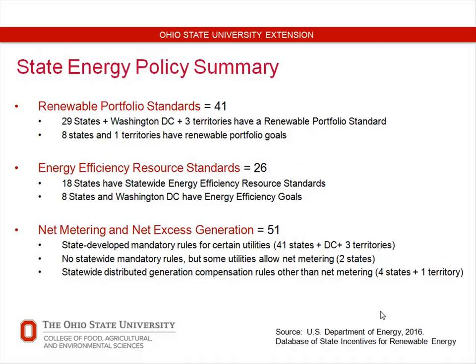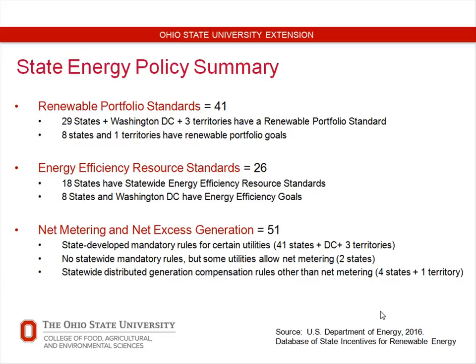So the first slide here is a lot of words, but I do more talking than reading, and we use charts and I wave my arms around, so you don't feel like you have to read all that. I'll summarize it for you. What we're looking at is a snapshot of renewable energy policies at the national level. The main premise of the story is Ohio is not alone in the policies that we have. In total, there's 41 U.S. states or territories that have some form of renewable energy mandates or goals.